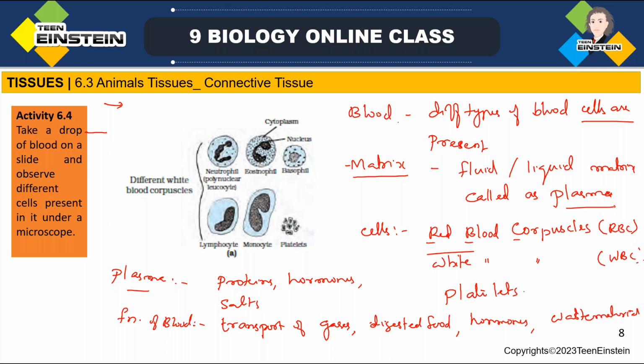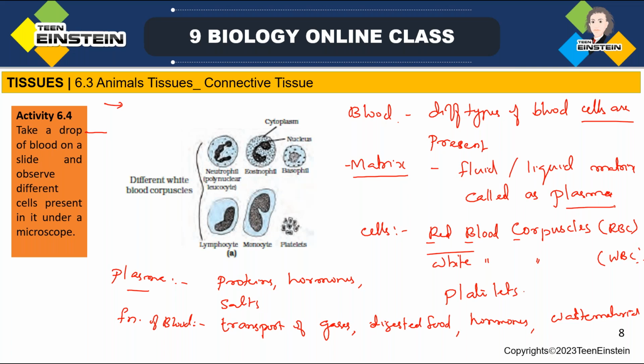That is the matrix of blood. In that matrix, all these RBC, WBC, platelets are embedded, right? And this plasma consists of hormones, proteins, and salts. Then what are all the different functions of blood?